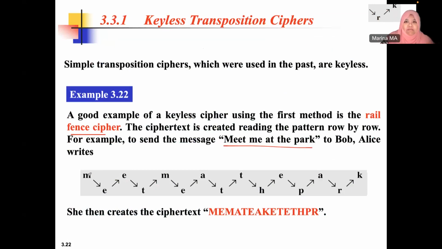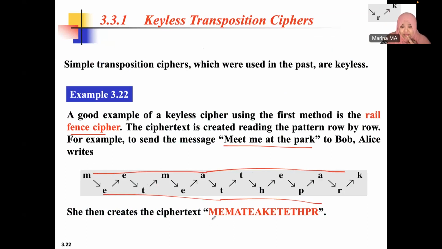So M, E, the second line. The second E, first line back. T, the second line. So first line, second line, first line, second line, first line. But you don't read it using the arrow. You read the first line first, and then you read the second line. So when you read it, the ciphertext becomes: ME MA TE AK E TET.